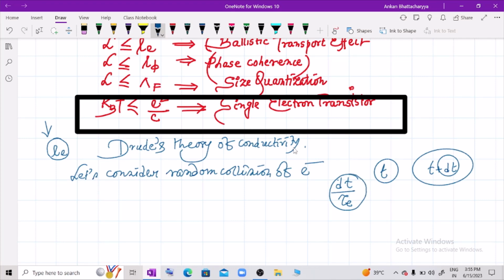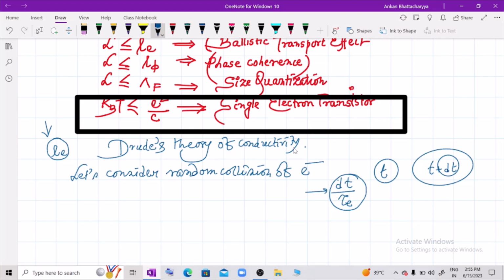So the probability for elastic scattering of the electron within the time interval t and t plus dt is dt by tau_e.